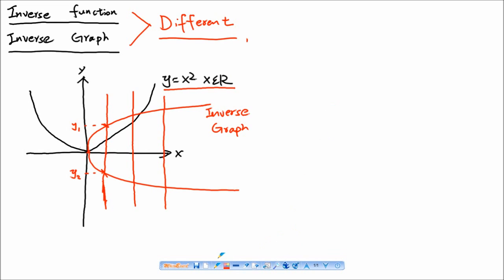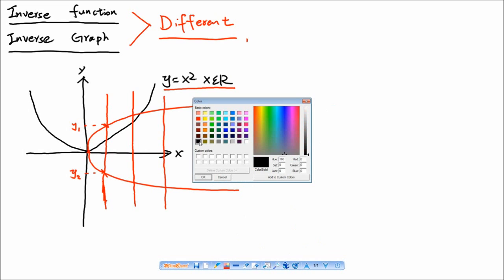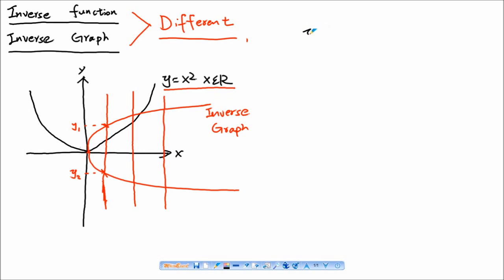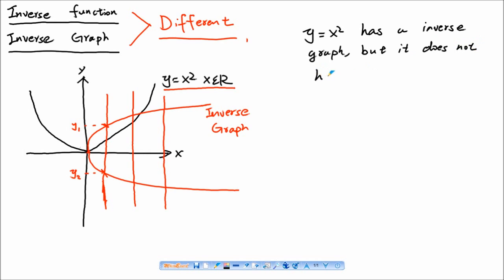So what I can say is y equals x squared has an inverse graph but does not have an inverse function.